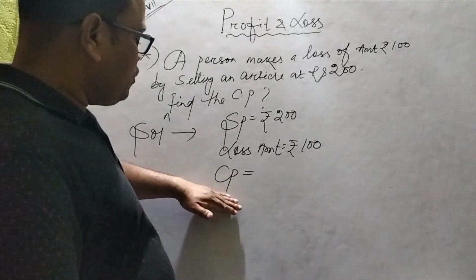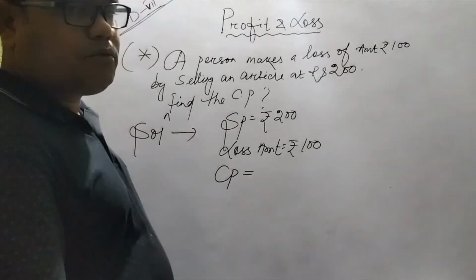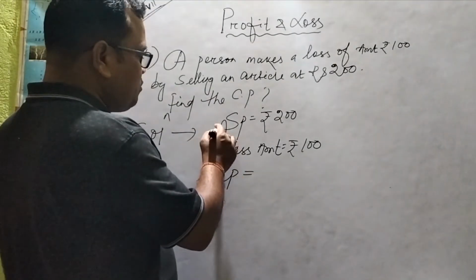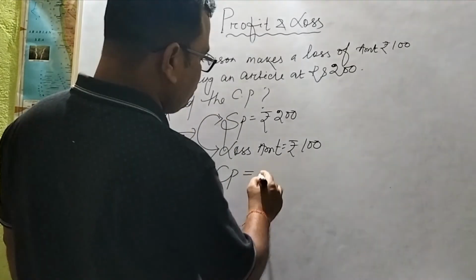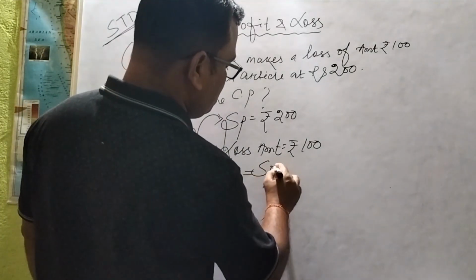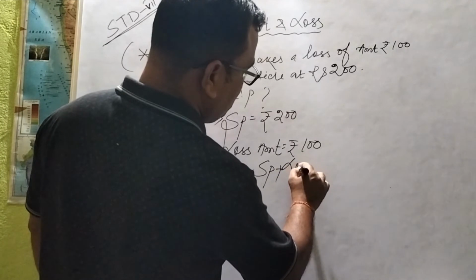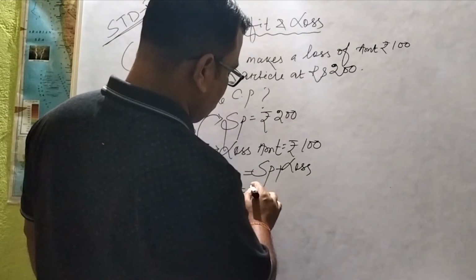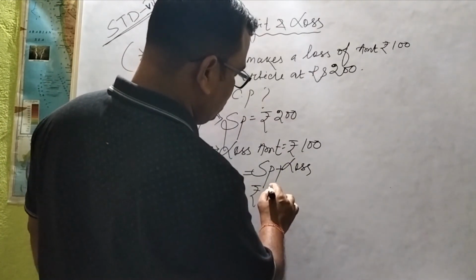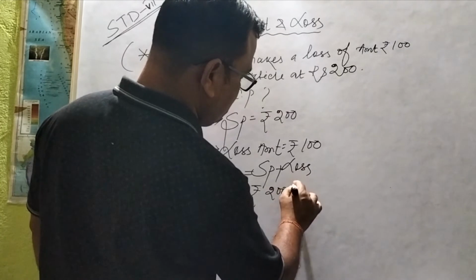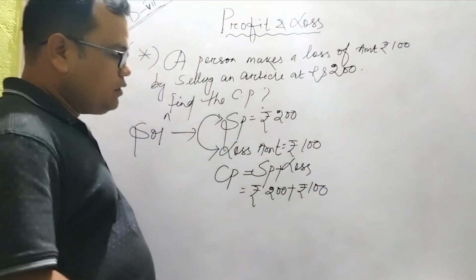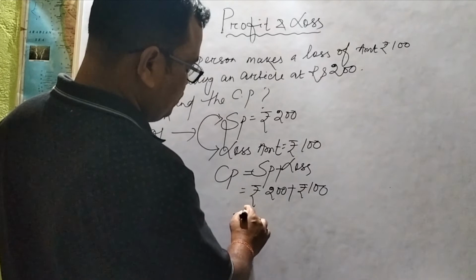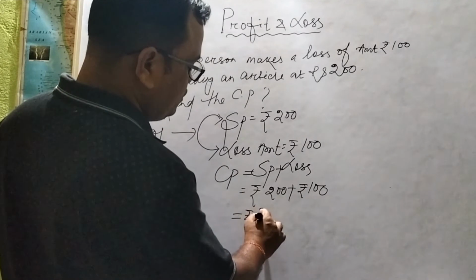So for this greater amount, I have to add these two amounts: SP plus loss. That means rupees 200 plus rupees 100 equals rupees 300.